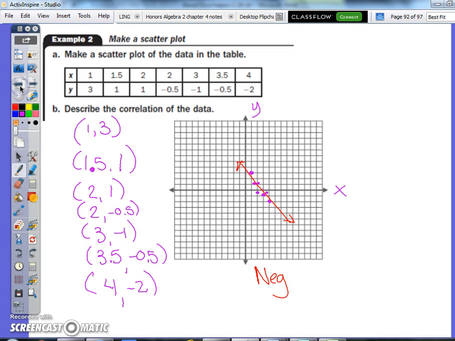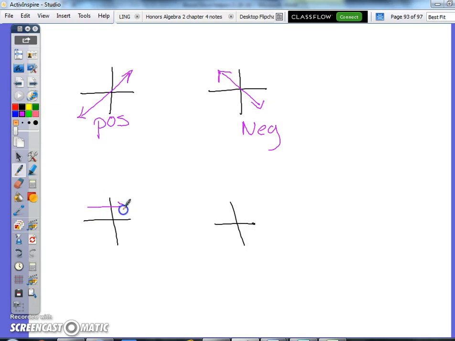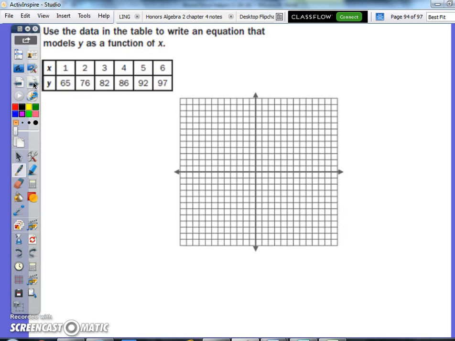So back here, this was negative slope, so it's a negative correlation. We had zero slope, and then we had undefined. So those are your slopes, and you need to know what they are because they go hand in hand with correlation.